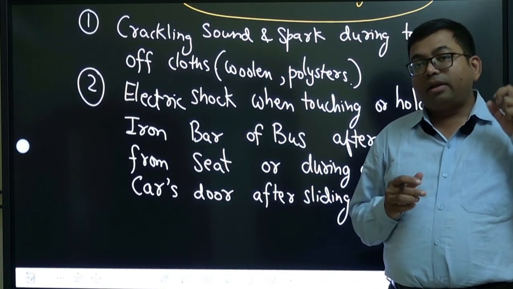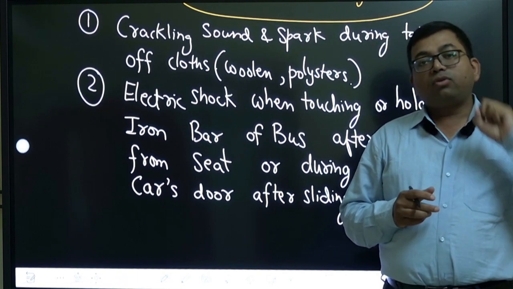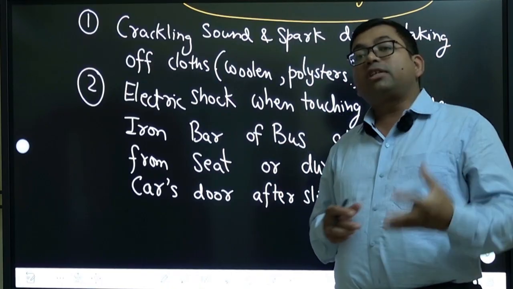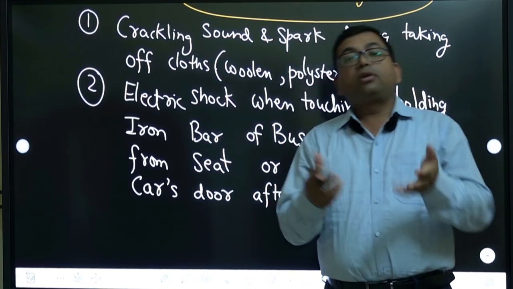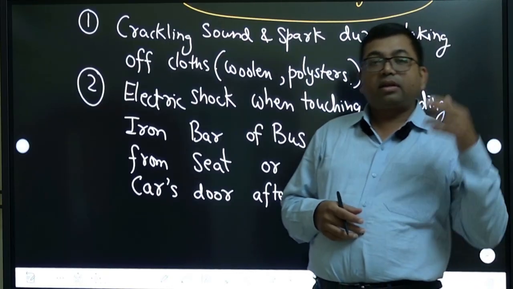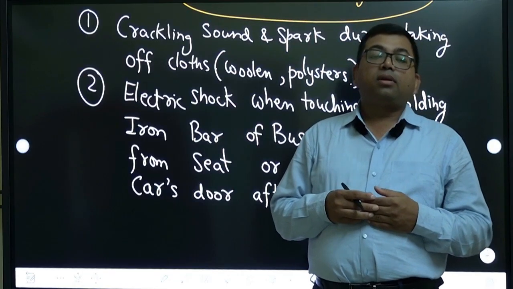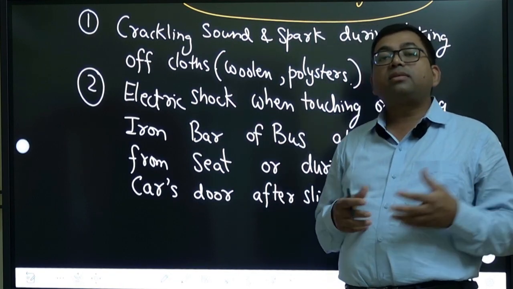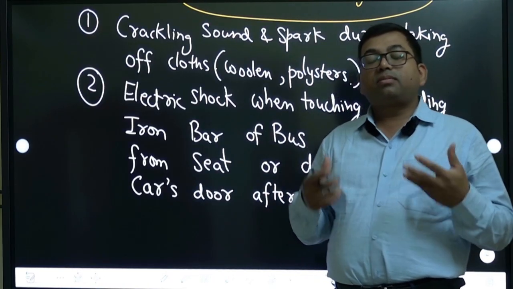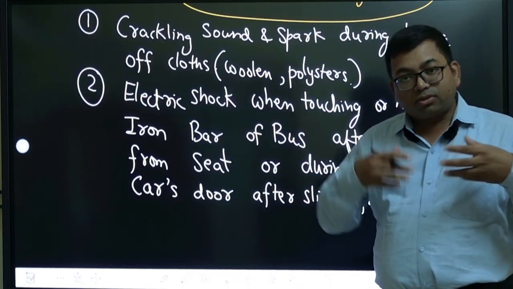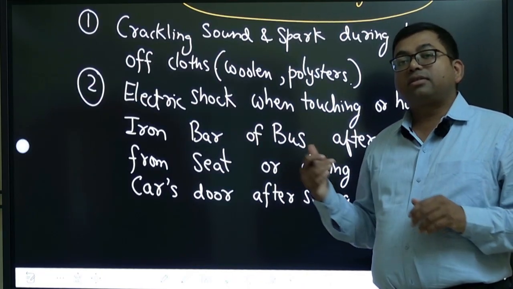And when he holds or opens the door of the car, which is a metallic body, charge transfer takes place from our body to that door, and it goes to ground. So a current passes through our body, but it is not too much, otherwise it may injure us, right? The current is very small, and due to that current, this is an electric shock.